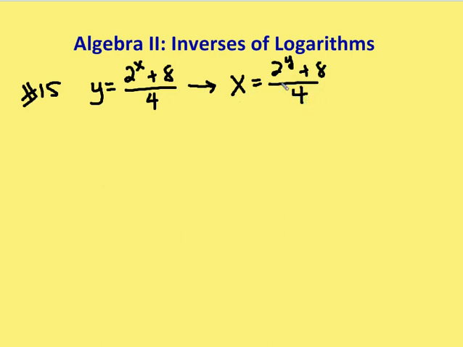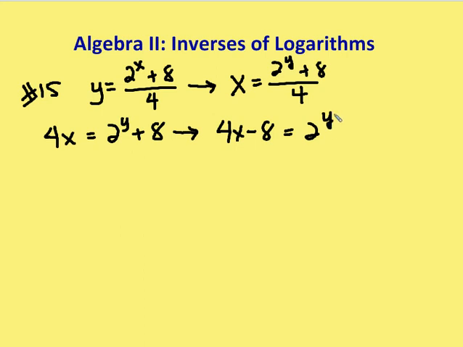Now I'm going to multiply both sides by 4, and I have 4x is equal to 2 to the y plus 8. Now I'm going to subtract 8 from both sides. I have 4x minus 8 is equal to 2 to the y.